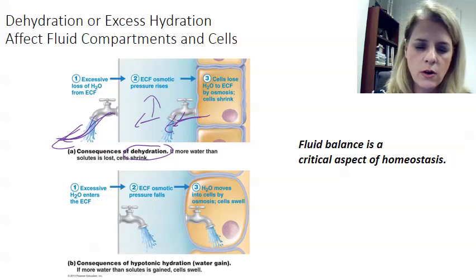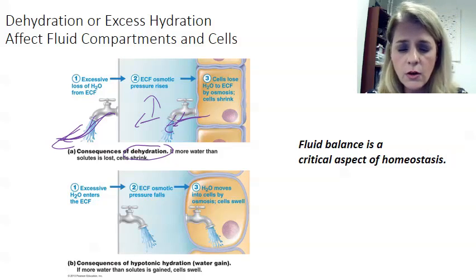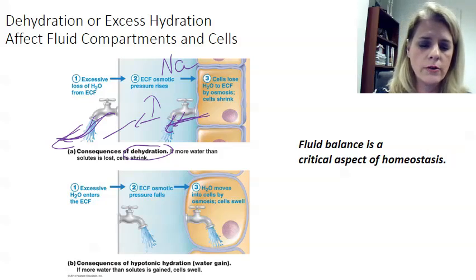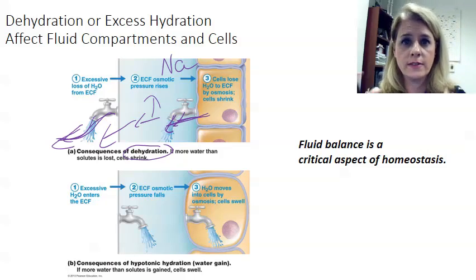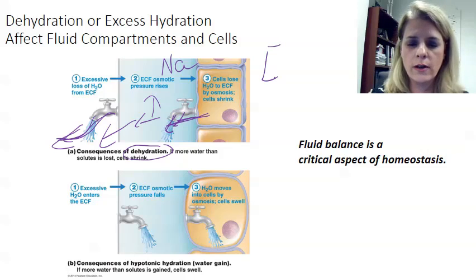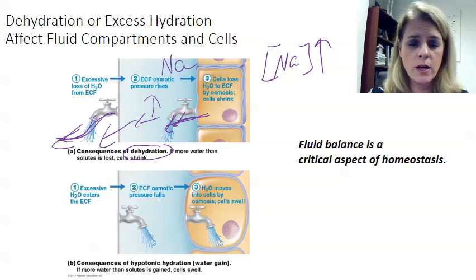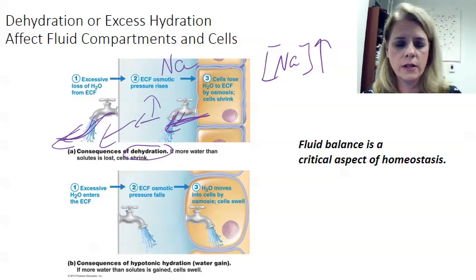And that will cause water to leave the cells by osmosis. All right, so osmotic pressure, that means the sodium level is rising, because as the water is leaving, the sodium's staying in there, so it's getting higher and it's getting more and more concentrated. So the sodium concentration is going up and up and up. And that sodium concentration going up is going to pull water out of those cells.